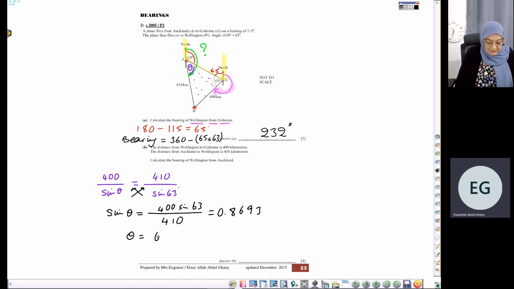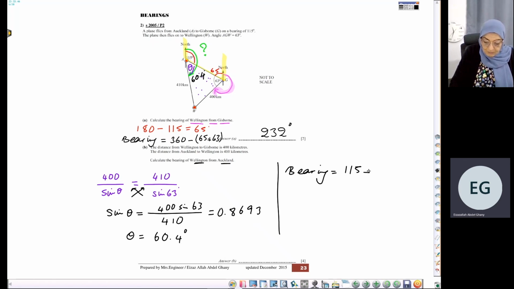It will be 60.4, 1 decimal place. Is this theta a bearing? No. This theta, 60.4, is not a bearing. It's the angle which should be added to the 115. So our last step, remember to draw a line with your ruler, and then find the bearing of W from A. The bearing is 115 plus your answer.